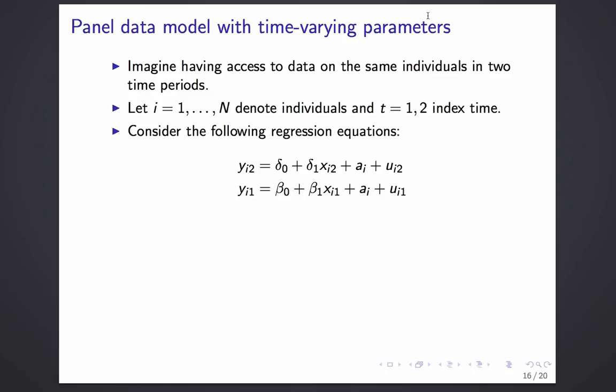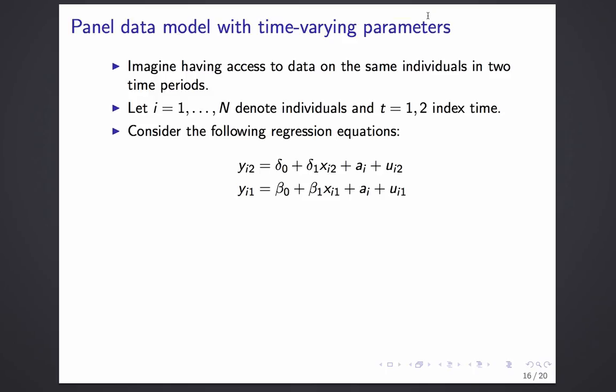Here's the model. Let's focus on the first line that gives you the model for the second period. On the left-hand side of the equation, we have our dependent variable y subscript i2. That's the observation on the dependent variable in period 2.